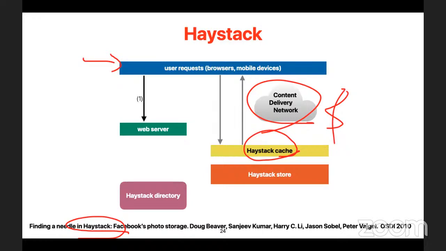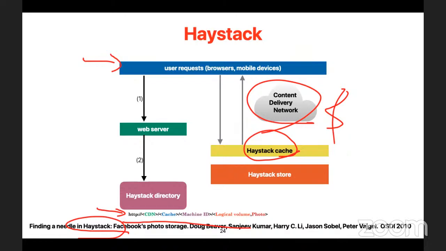So the user sends a request, and the web server looks up the Haystack directory. The way you look up content in Facebook is pretty similar to Microsoft, in that it is also using a URI format.